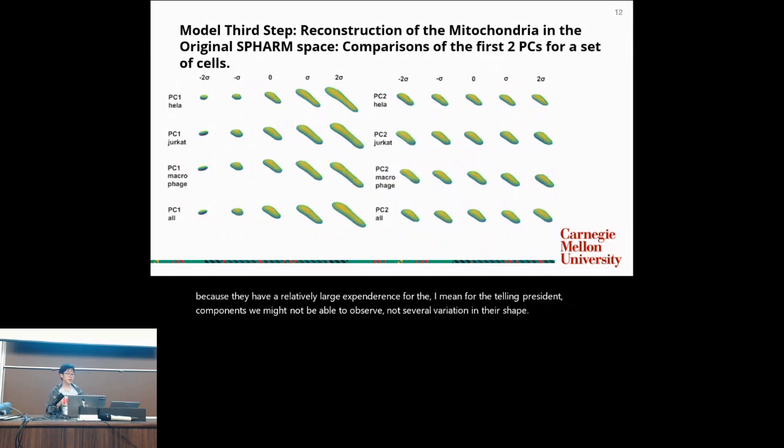We're also curious whether we can distinguish different cell lines just depending on the shapes of their mitochondria.